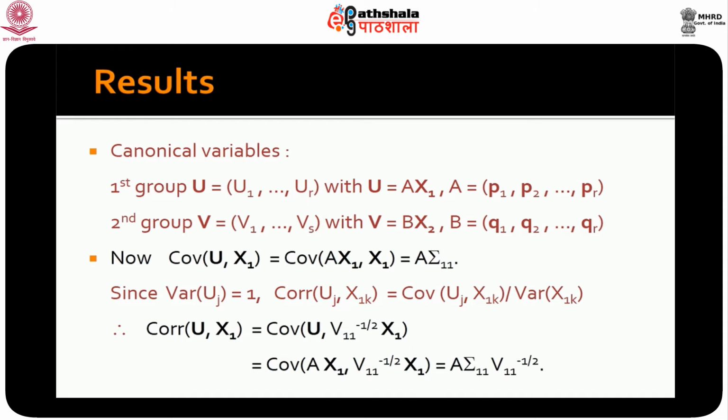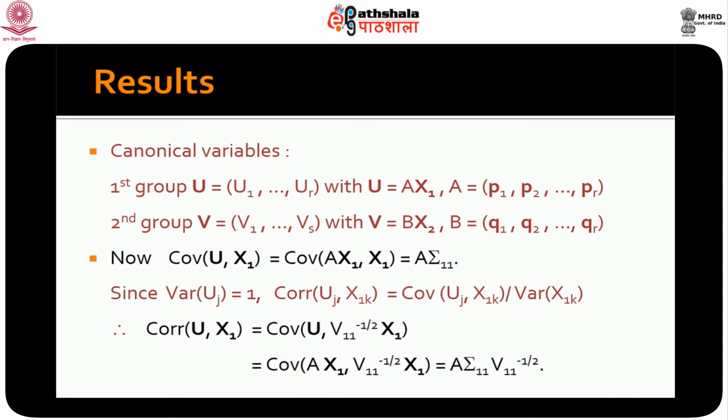Now because the variance of Uj is equal to 1, the correlation between Uj and xk1 is obtained by dividing the covariance of Uj and xk1 by the square root of the variance of xk1, which is sigma kk to the power of half. And therefore, the correlation between Uj and xk1 is the covariance between Uj and xk1 divided by the square root of sigma kk.